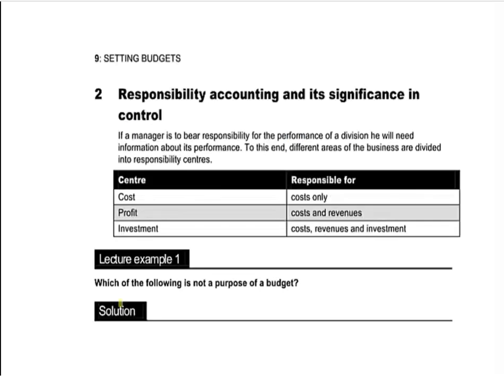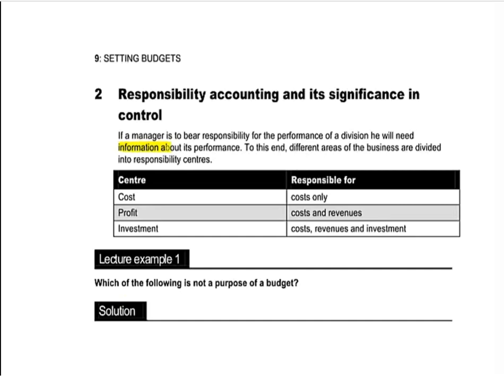We also need to think about something called responsibility. So the second objective then for the planning and control cycle was responsibility. And if a manager then is going to be responsible for the performance, then they need to have information about the performance.